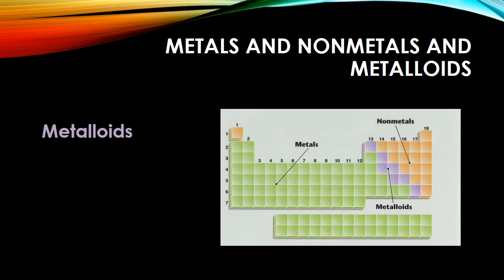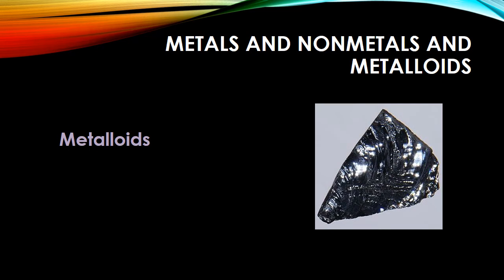I haven't spent much time talking about the metalloids, that funny little staircase here in the middle. Basically, I've said to you, they don't know what they are. They're metals or nonmetals because they contain properties of both. Metalloids, this is a picture of silicon, by the way, are solids at room temperature, like metals are for the most part.